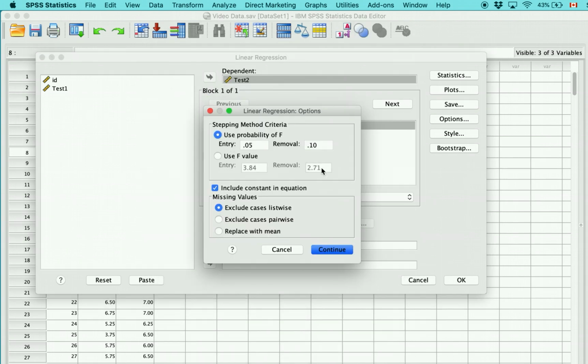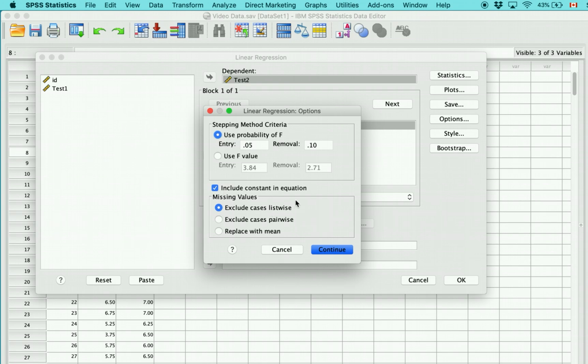Under options, again, this is the same situation with what to do with missing values. You have the option of excluding cases listwise or pairwise, but in the case of regression you can also replace them with the mean score of the variable. For example, if we're missing someone's test one score, you can replace it with the mean for the entire class for test one.